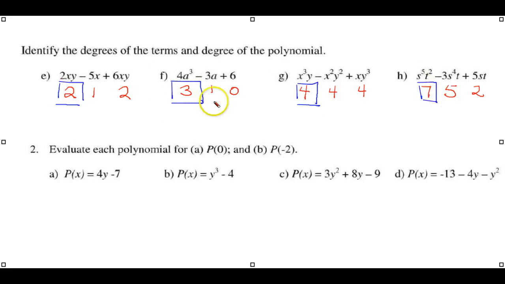Now, many students get this mixed up because they'll then add them all together, and that's not what you do. The rule is the degree of the expression is the highest degree of any one term, and the degree of a term is you add up the exponents only on the variable in the term. All right, let's go on to part 2.